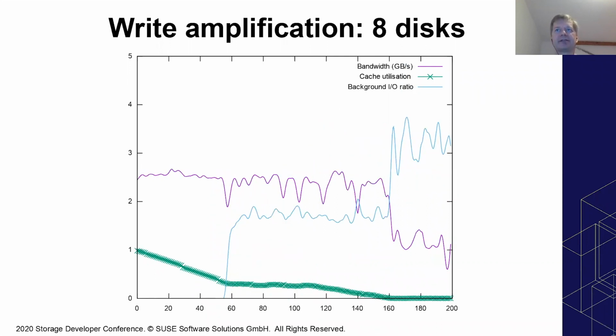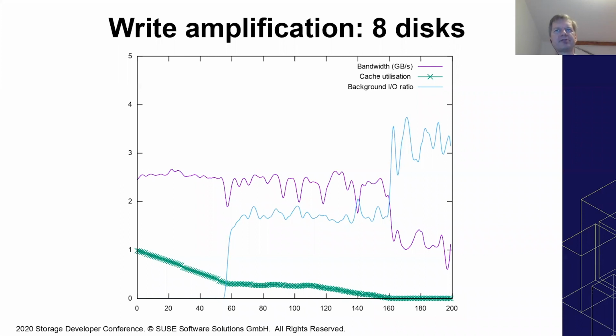And with 8 disks, we see the same behavior: during reclaim running, meaning after around 60 tests, we do see that the write amplification is getting up, but staying at around 2, which is the reclaim worker copying data in and out.